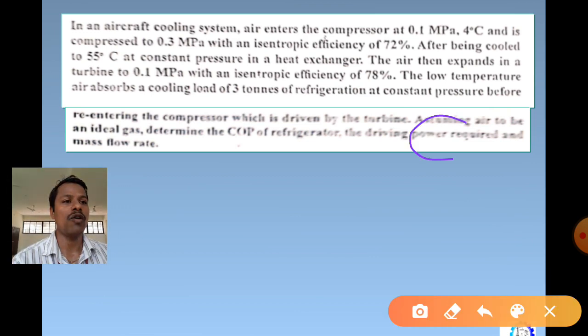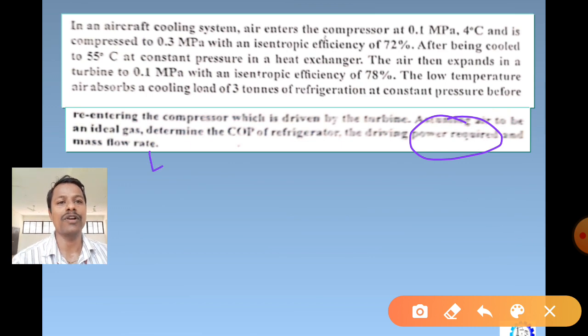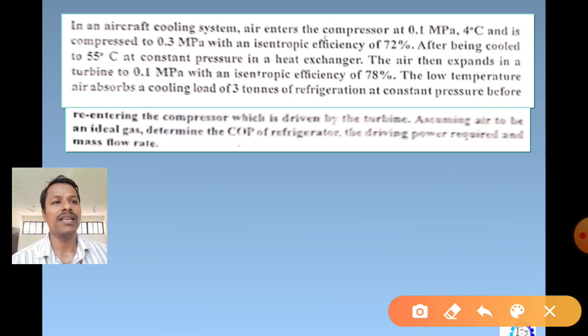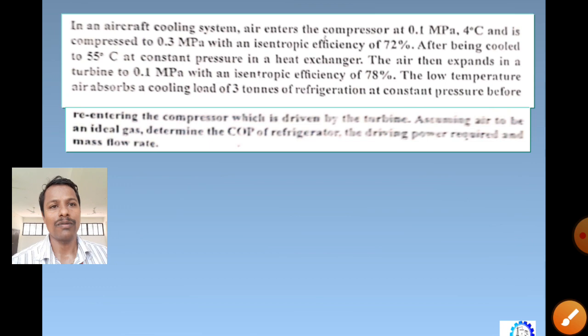How much power is required to operate this refrigerator, and the mass flow rate of refrigerant. The only change between the previous problem and this problem is that here the efficiencies of compressor and turbine have been mentioned. How to use them we must understand from this problem solution, and we should solve this problem. This is a very important problem. Such problems may appear in your VTU exam.